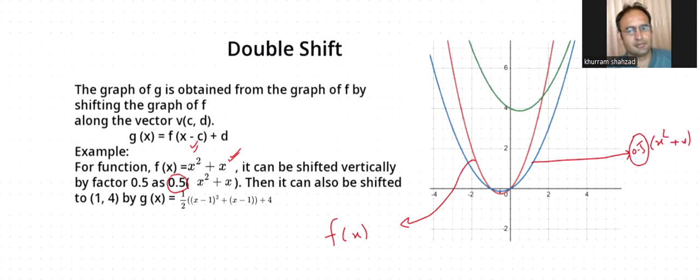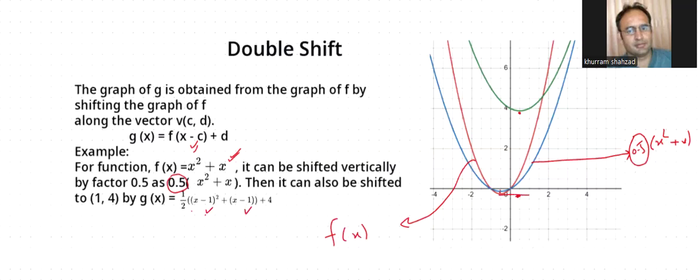Now you can see that if we subtract from x, here negative from x, so this 1 is actually responsible for the horizontal shift of the graph. So this graph can be shifted to the right side, like you can see that this graph is shifted from here to here on the right side.